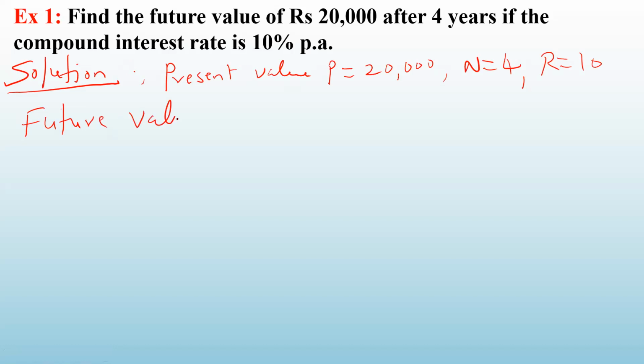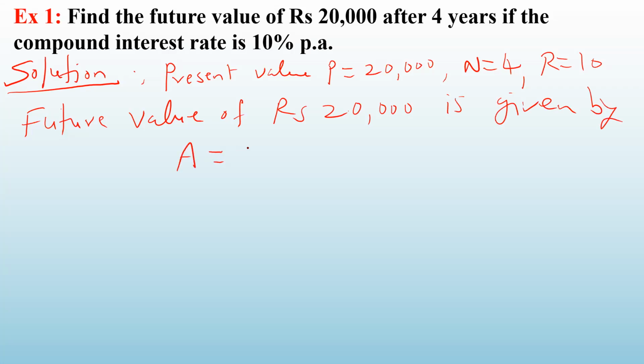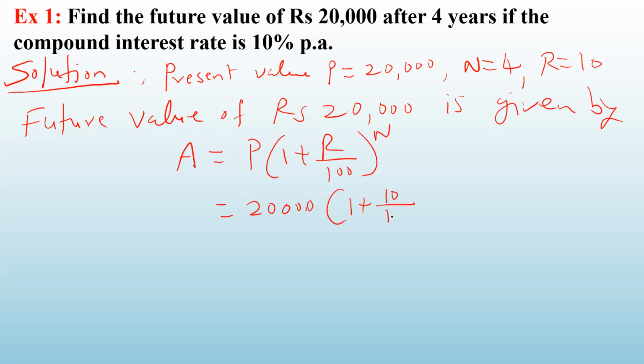Future value of rupees 20,000 is given by, what is your formula for future value? It is denoted by A. It is P into (1 plus R upon 100) raised to power n. Put the values: P is 20,000, R is 10, and n is 4.